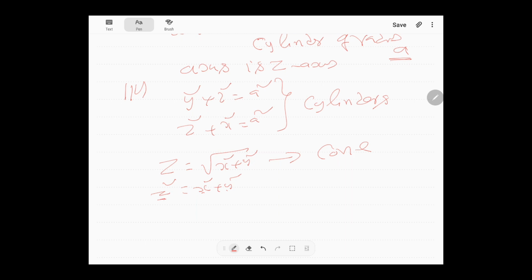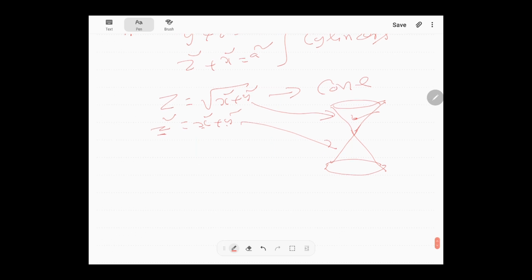X square plus y square is equal to z square, that is a cone. If only the positive side is given, this is the cone. If you consider the negative side also, then the entire one is this. Only this one is z equal to root over x square plus y square.